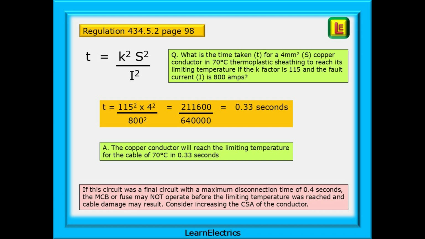If this circuit was a final circuit with a maximum disconnection time of 0.4 seconds, the MCB or fuse may not operate before the limiting temperature was reached and cable damage may result. We should consider increasing the CSA of the conductor, which will increase the time. Try it for yourself with, say, 6 square millimeter cable and see if you can get the same answer as me, 0.74 seconds. The MCB will trip before the limiting temperature is reached.